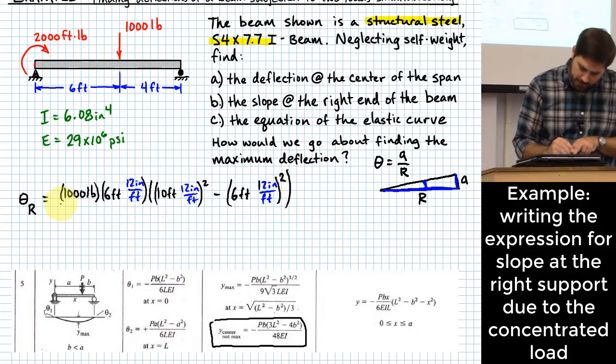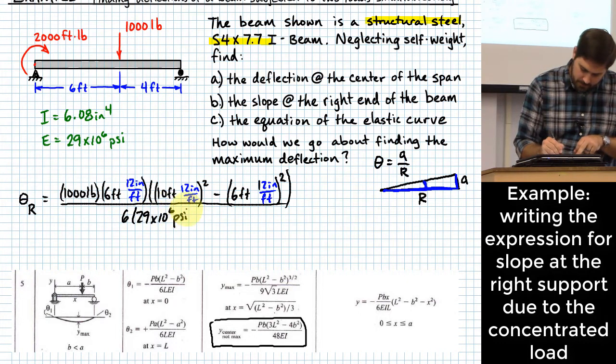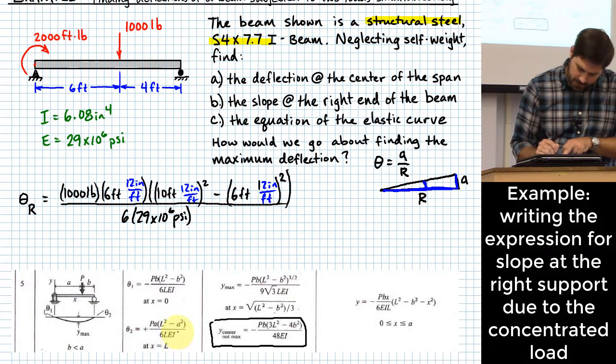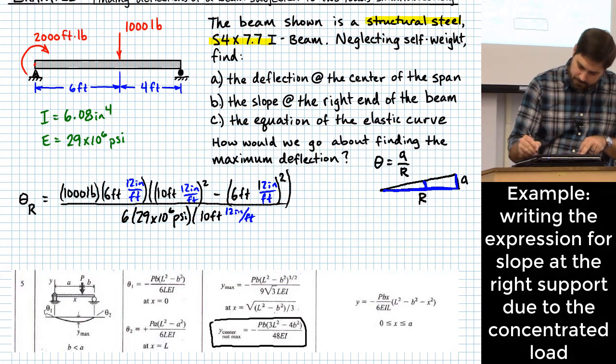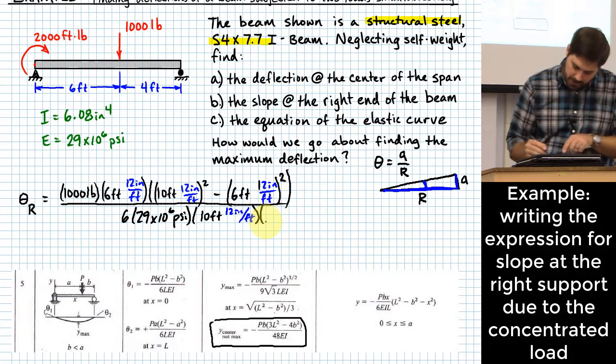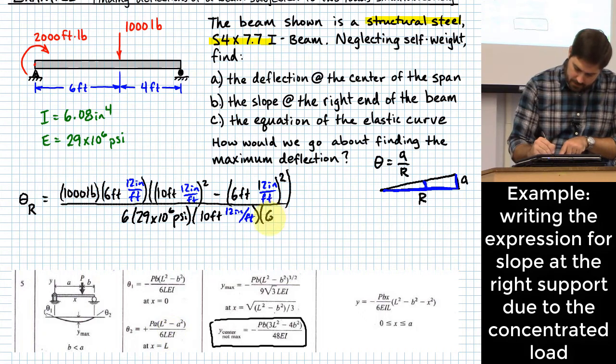Okay, all this over 6 times E times, I guess I missed L in there too, right? 10 foot times 12 inches per foot. And then I also need to get I, 6.08 inches to the fourth.